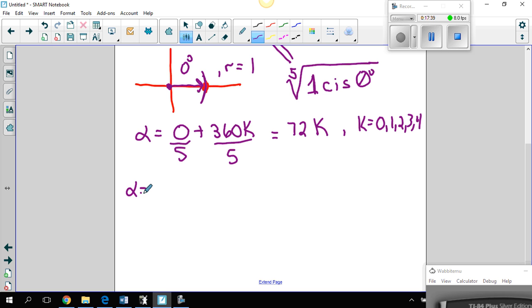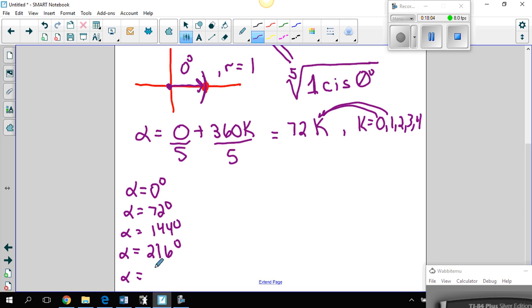So alpha equals, let k be 0, 0 degrees. Alpha equals 72 degrees. Alpha equals 144 degrees. Alpha equals 216 degrees. Alpha equals 288 degrees.